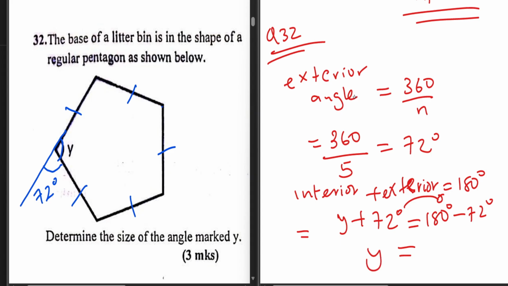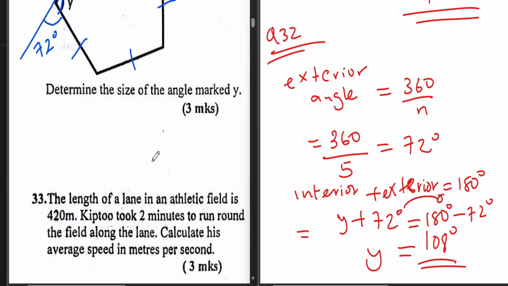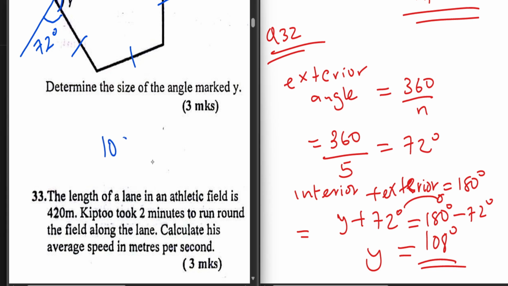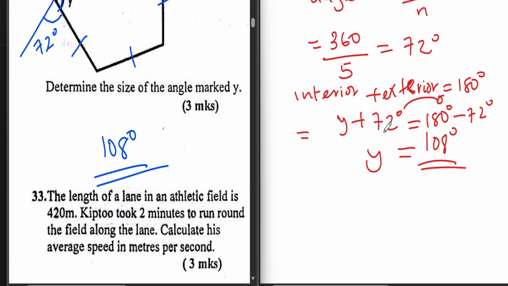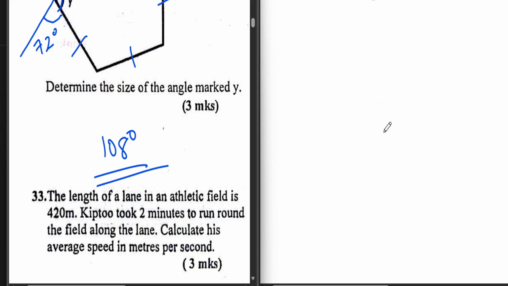So your interior is going to be 180 minus 72, which is 108 degrees. So determine the size. The size is 108 degrees. So that's question 32 done and dusted.